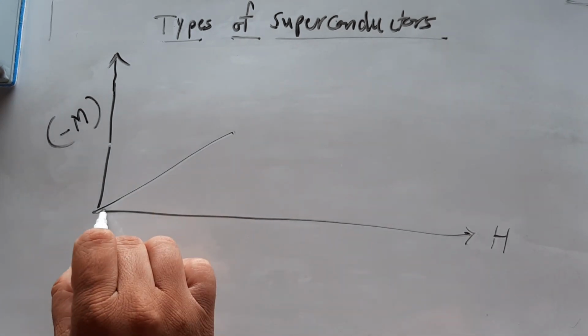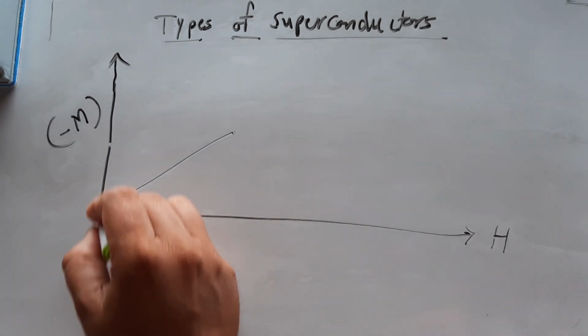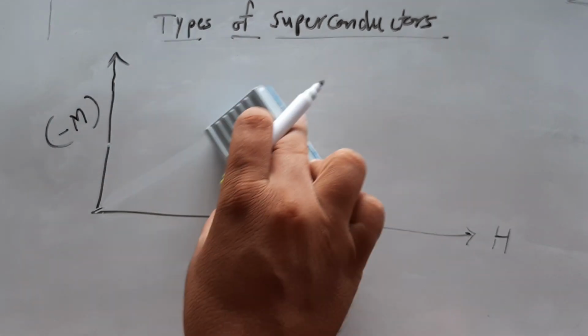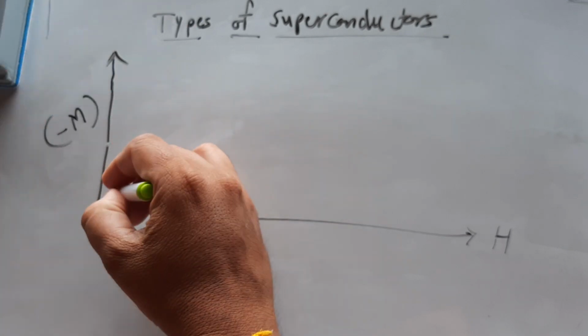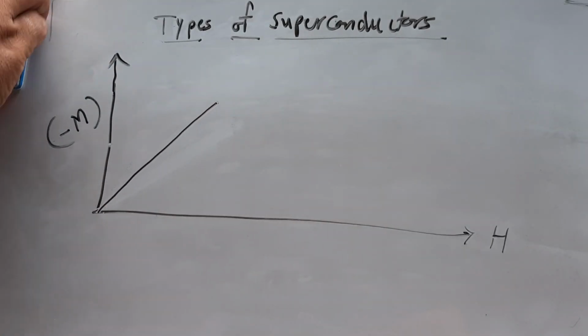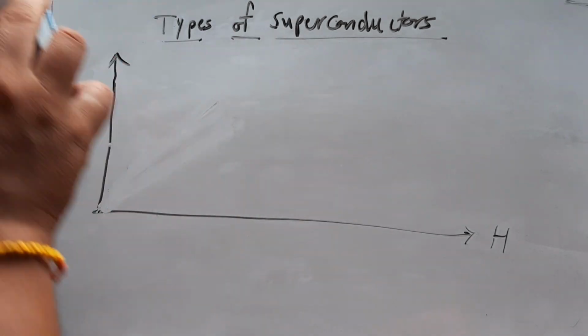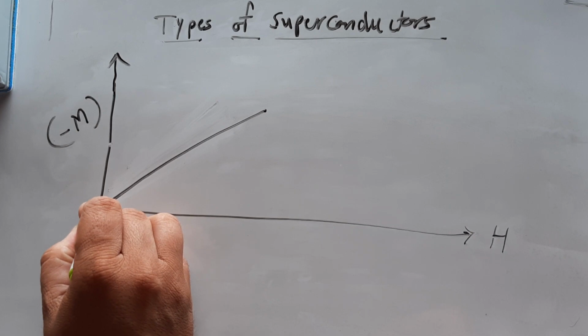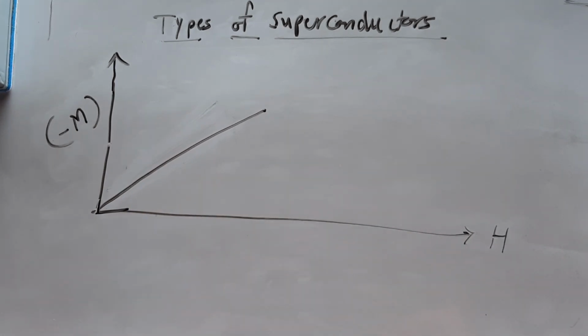As you keep increasing the external magnetic field, magnetization also will keep increasing. That is pretty much similar. It should be at a 45-degree angle. Anyway, you can forgive my drawing skills because that's not important here.